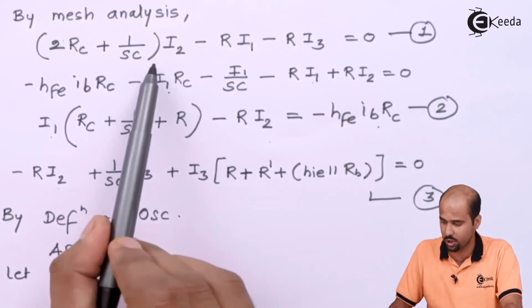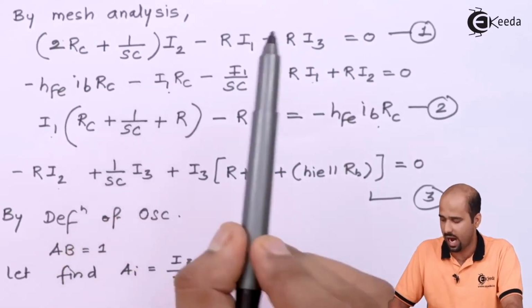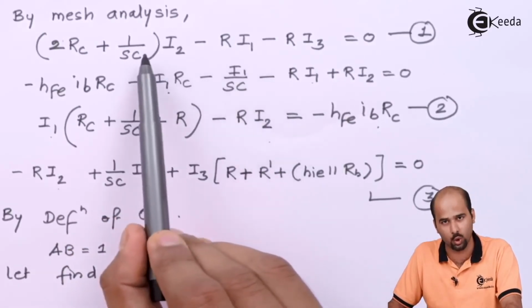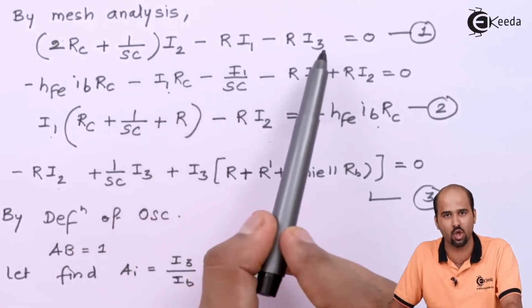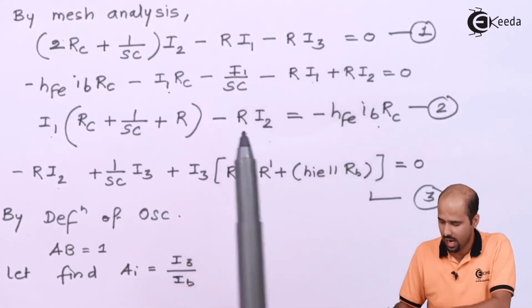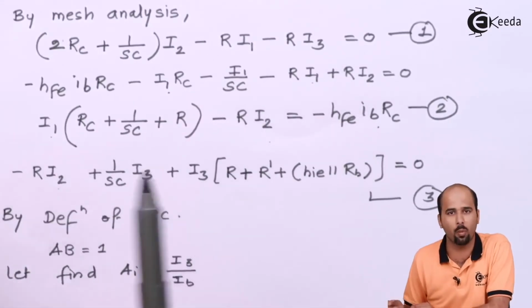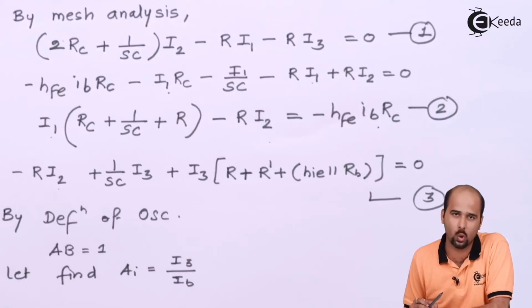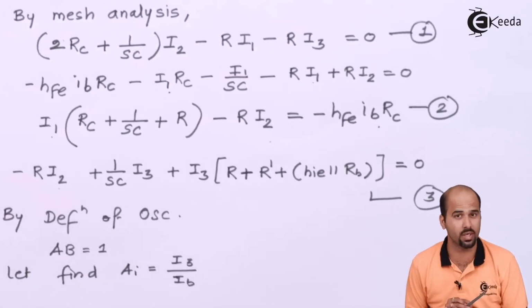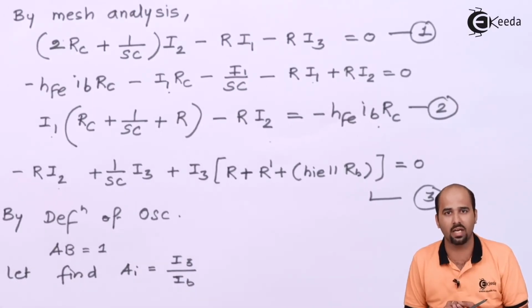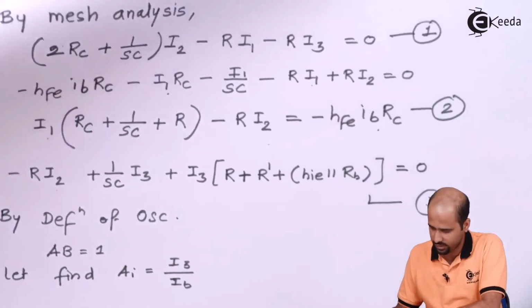From the first equation, you will get I1 and I2 in the form of I3. So ultimately you will get I1 and I2 in the form of I3, and this is how you will get the relation between I3 and IB. So let's find out whether we are getting that particular relation or not.